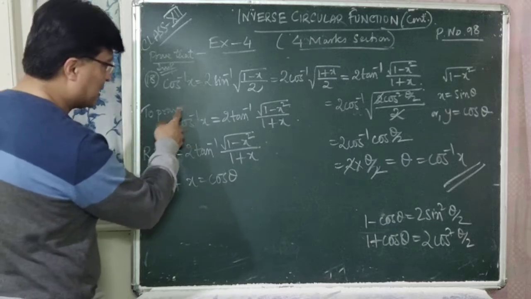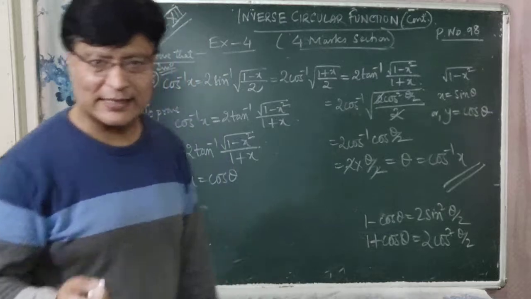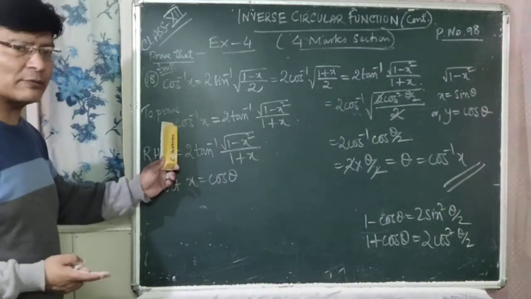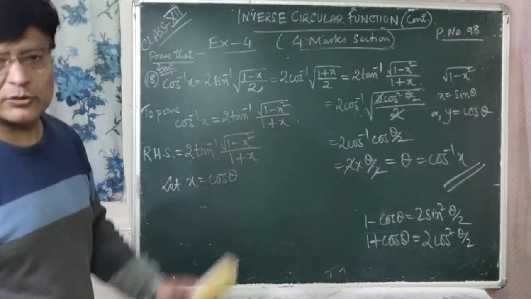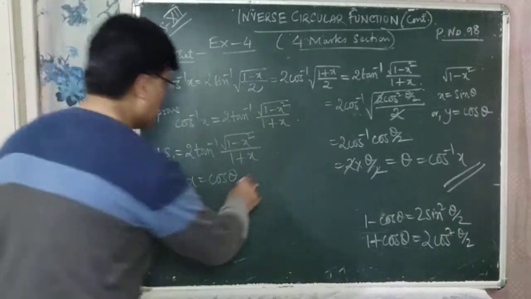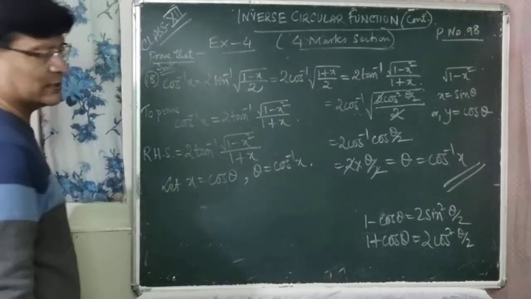If it were sine inverse, we could have put x is equal to sine theta. Since you have to prove in terms of cos inverse, that's why we are substituting x is equal to cos theta, right? So now what is theta equal to? This is cos inverse x. Is that clear?